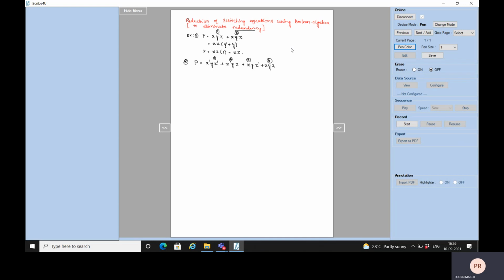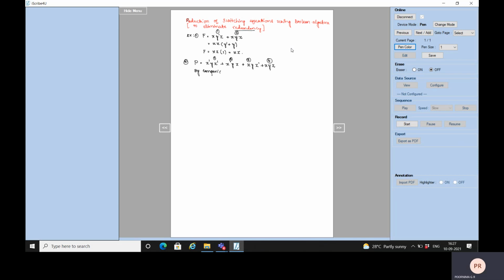When reducing to a minimal expression, we need to remove the redundancy. The regular procedure we adopted in the above expression is not possible because the number of terms is larger, so we will go for the comparison method.